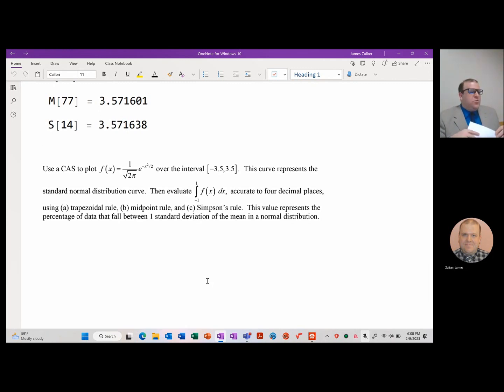First, we're going to plot the curve 1 over square root of 2 pi times e to the negative x squared over 2. We're going to look at it over the interval minus 3.5 to 3.5. This curve is the standard normal curve.